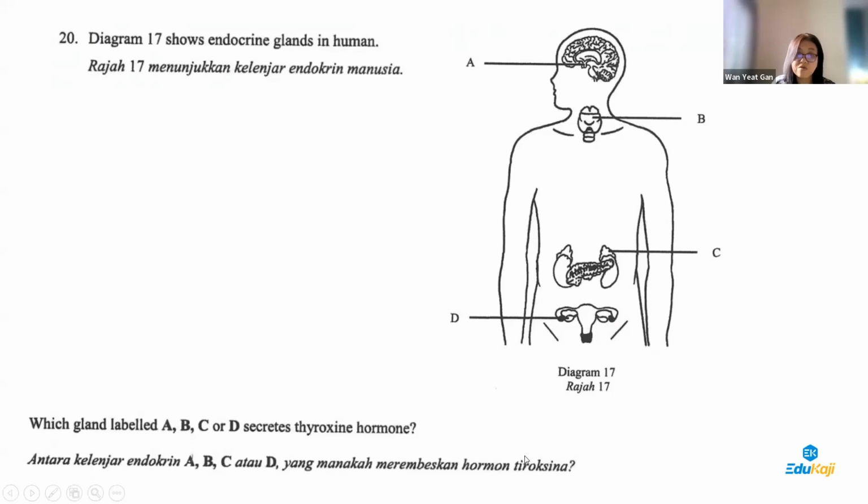Diagram 17 shows endocrine glands in humans. Which label, A, B, C, or D, secretes thyroxine hormone? The thyroxine hormone is secreted by the thyroid gland, and the thyroid gland is B. So the answer is B, yeah.